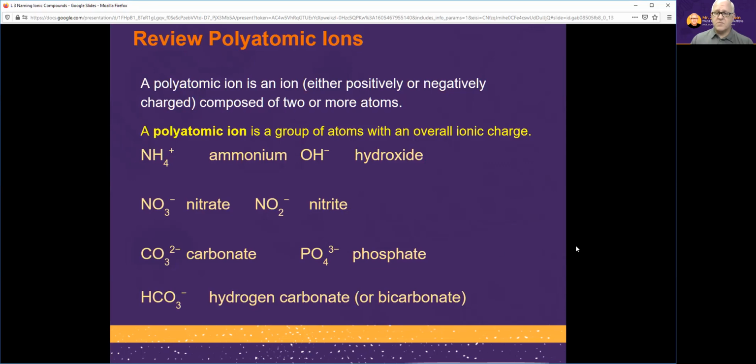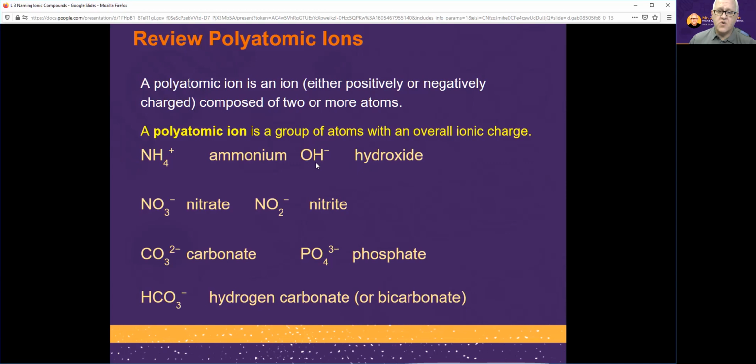So we also spent some time looking at the polyatomic ions. And remember, a polyatomic ion is an ion, either positively or negatively charged, composed of two or more atoms. A polyatomic ion is a group of atoms with an overall ionic charge. For example, ammonium is nitrogen and hydrogen, NH4, and it's a +1.